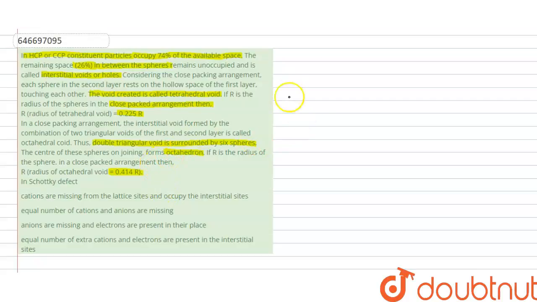So in Schottky defect, it is a stoichiometric defect, that is, no change in formula.